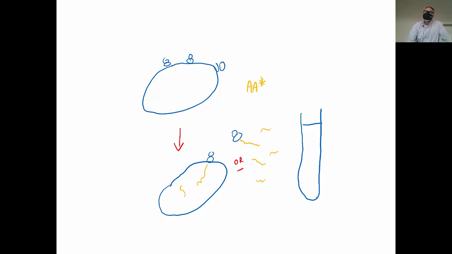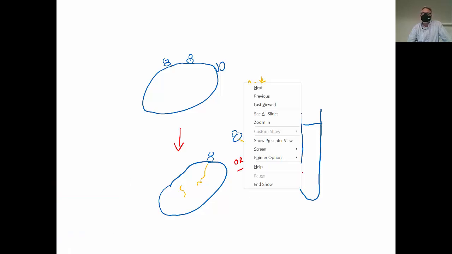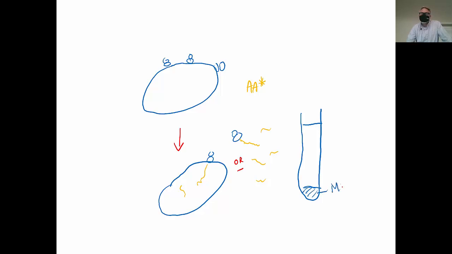So we run this experiment, we pellet out the microsomes. So they're down here. And here's our supernatant. So where does the radioactivity end up?